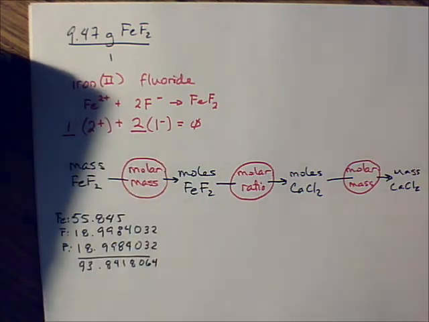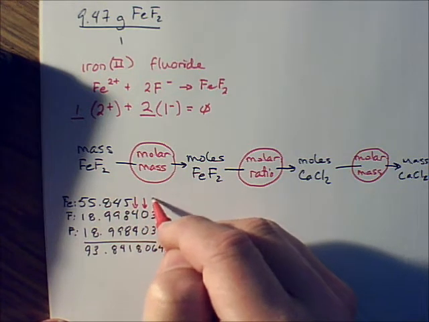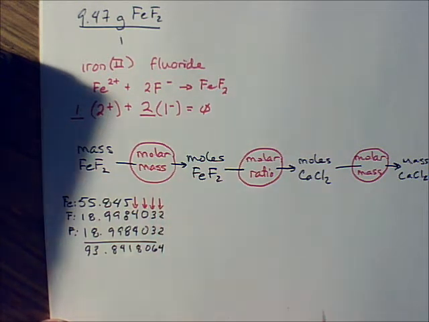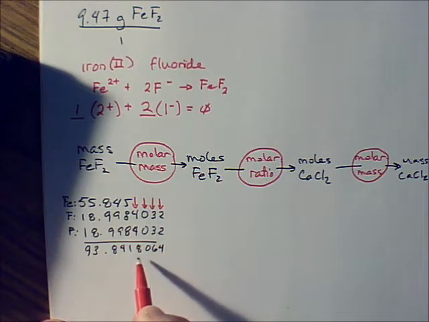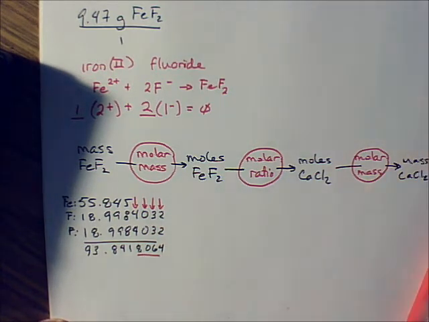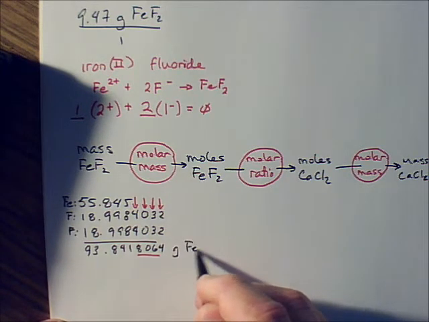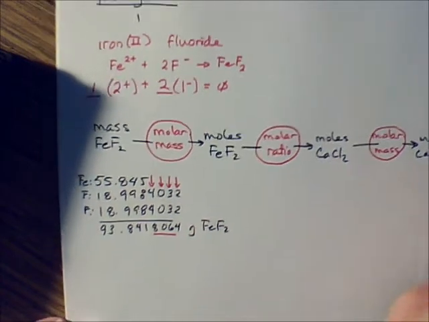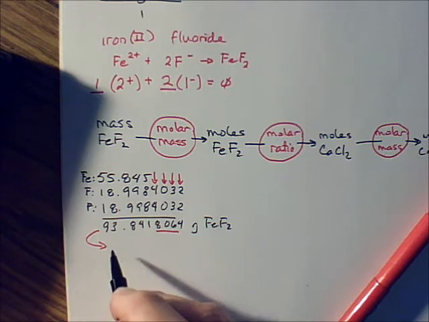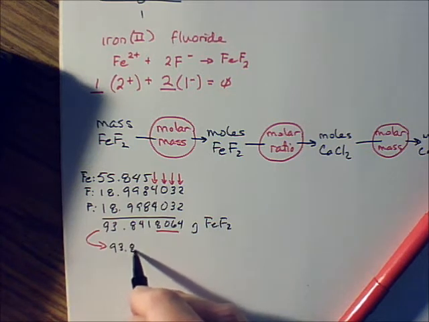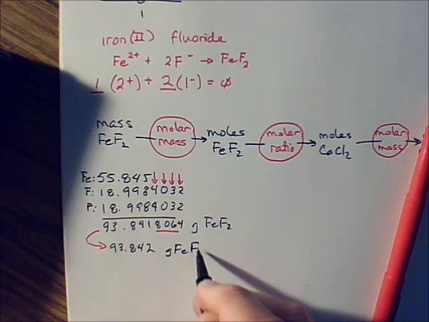Okay, and we've got 4 empty slots at the top. 1, 2, 3, 4. So the numbers resulting from those columns of digits are going to be rounded off. This is going to be grams of FeF2, and we're going to round that to 93.842 grams of FeF2.